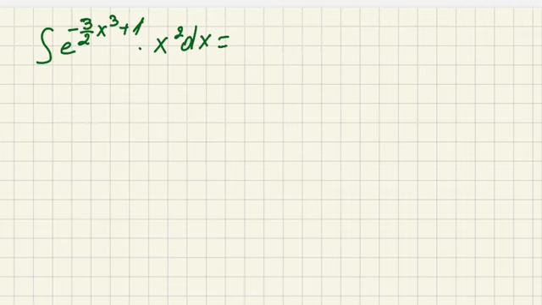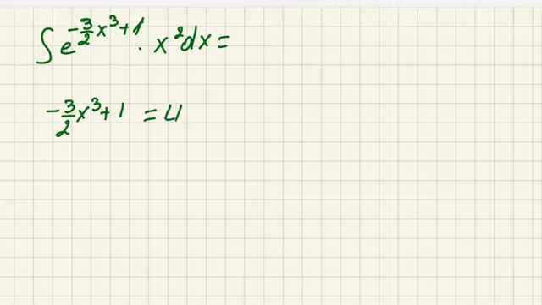Let's continue with another type of integral. Again, I have e to the power of something times x to the second power dx. In fact, this part that I have in the exponent, which is minus 3 over 2 x to the third power plus 1, I need to substitute with u.